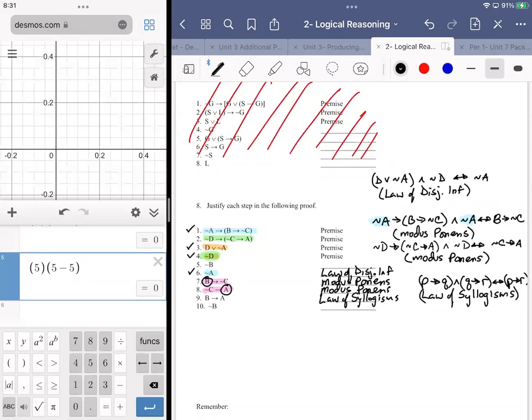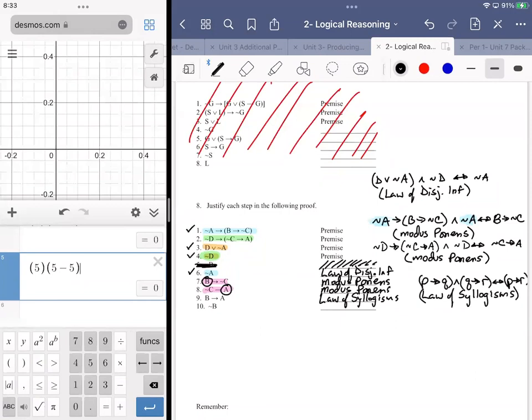That might be the last and final typo in the entire sheet. That actually might have been a premise. No, actually it has to be a mistake. There's no way that could be correct. That shouldn't be there because we have a not B down here, and that's what we're ultimately going for. So it can't be a premise because that's got to be the conclusion. That never should have been there.